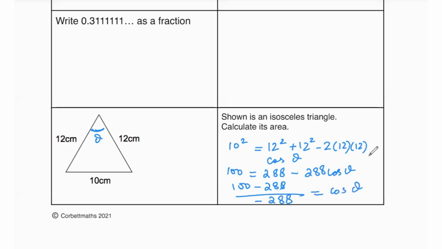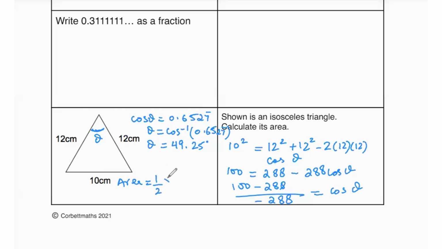And that's going to give us cos theta equals 0.6527 recurring. So theta would be cos inverse of this, and that will give us 49.25 degrees. So now for the area, we'll use the formula 1 over 2 ab sine C.